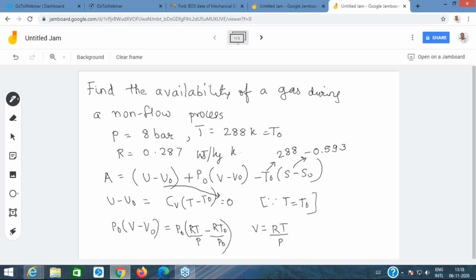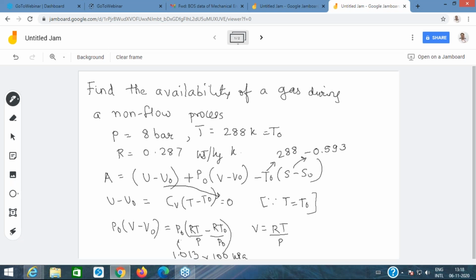So if I put this, P naught is how much? You need to be careful with the units, please note. P naught is 1.013 bar. 1 bar is 100 kilopascals. Because you are expressing everything in kilos, I need to multiply 1.013 with 100.